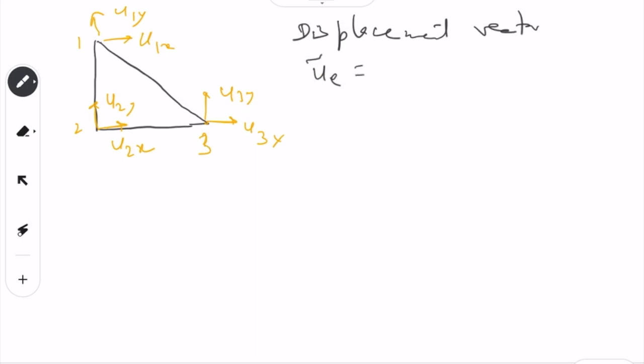Okay, and what is that? We have basically U1x, U1y, U2x, U2y, U3x, U3y transpose. Got it?